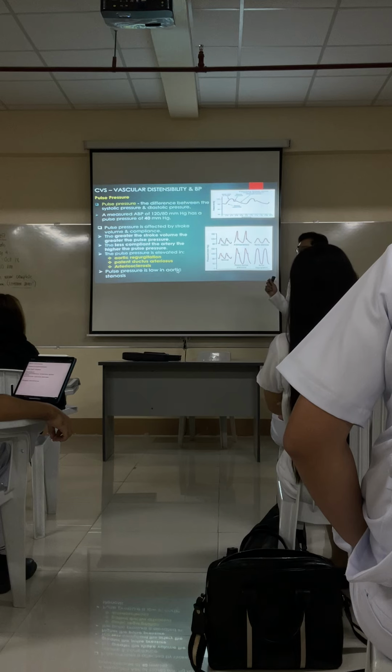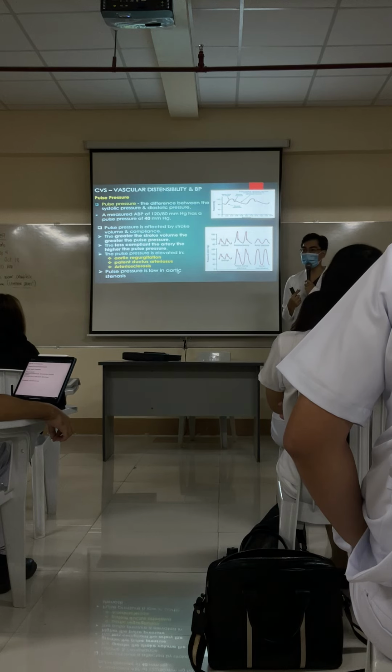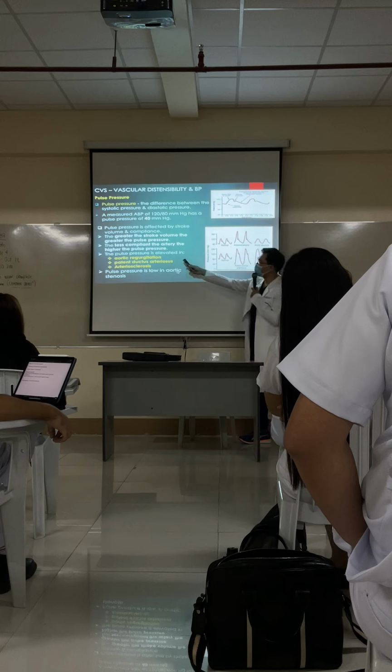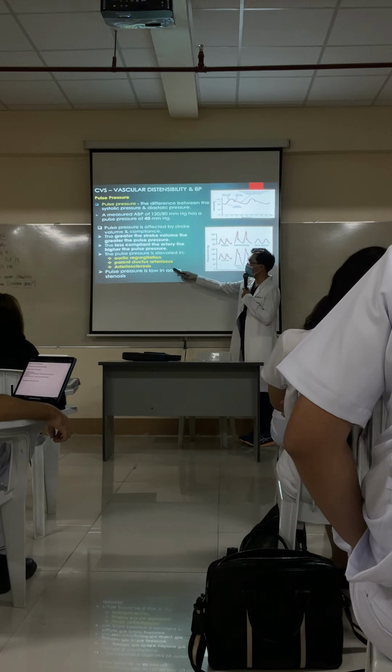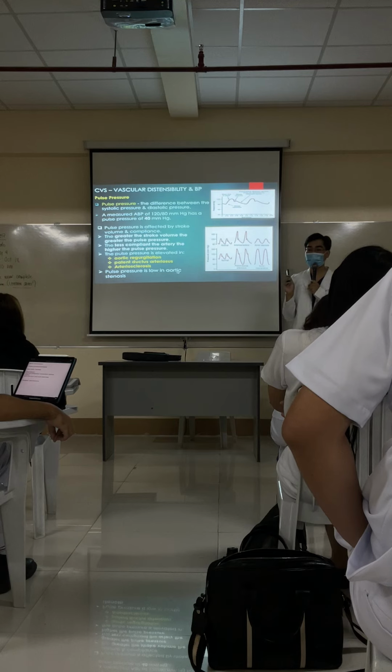It will increase. That's the reason why mataas din. So, bumababa din yung pressure during diastole kasi during diastole may bumabalik na papasok. So, affected siya. Tumataas din ang pulse pressure. So, in these three examples, the aortic regurgitation, PDA, and arteriosclerosis increase the pulse pressure.